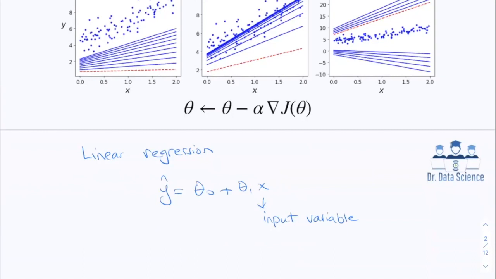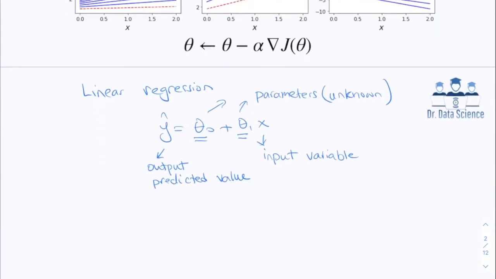We have two parameters, theta 0 and theta 1. These two parameters are unknown, and the goal of training a linear regression model is to find out these unknown parameters. And this y hat is our output or predicted value.